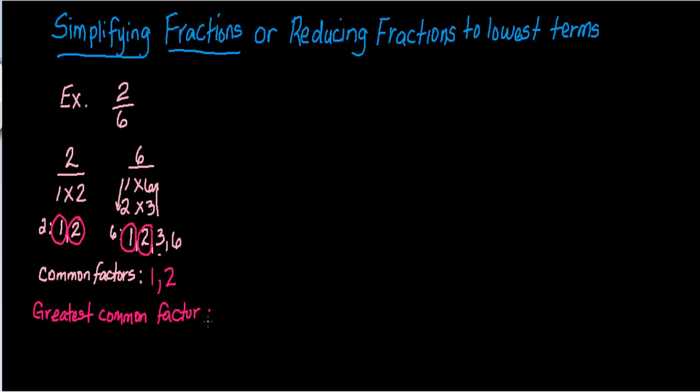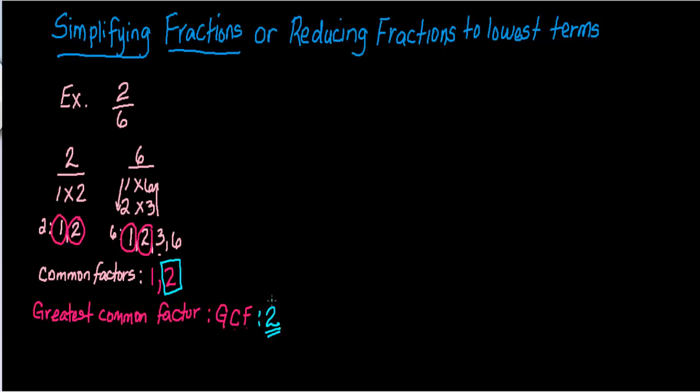The greatest common factor, and we're also going to see that as GCF, greatest common factor, is 2. 2 is the greatest common factor. This is the magic number we're looking for.